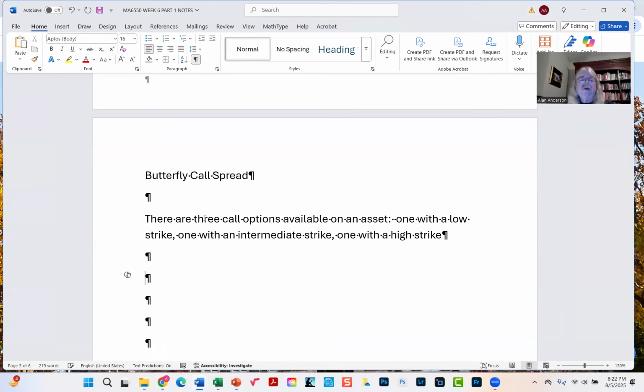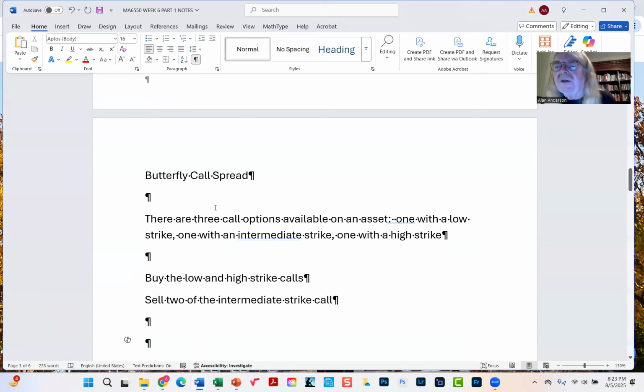And then what we're going to do is buy low and high strike calls. In this case, we're assuming calls. But then we're going to do something different. We're going to sell two of the intermediate strike calls. Wow, that's different.